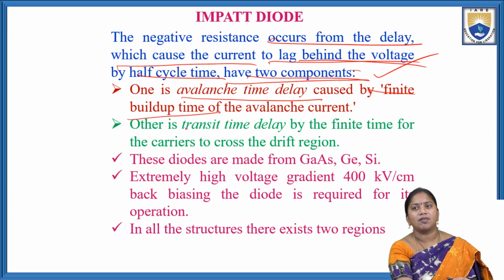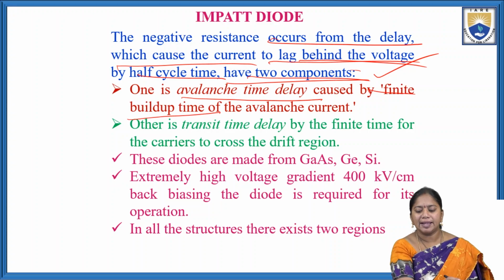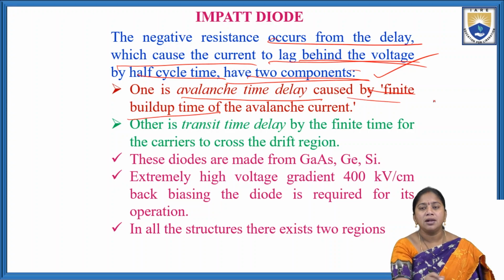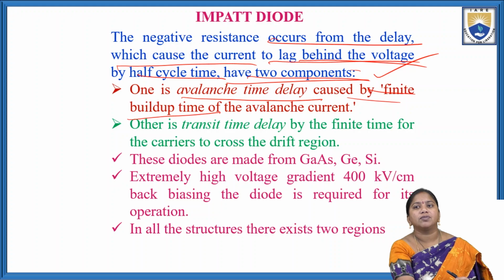The first one is the avalanche time delay, which is caused by the finite build-up time of the avalanche current.